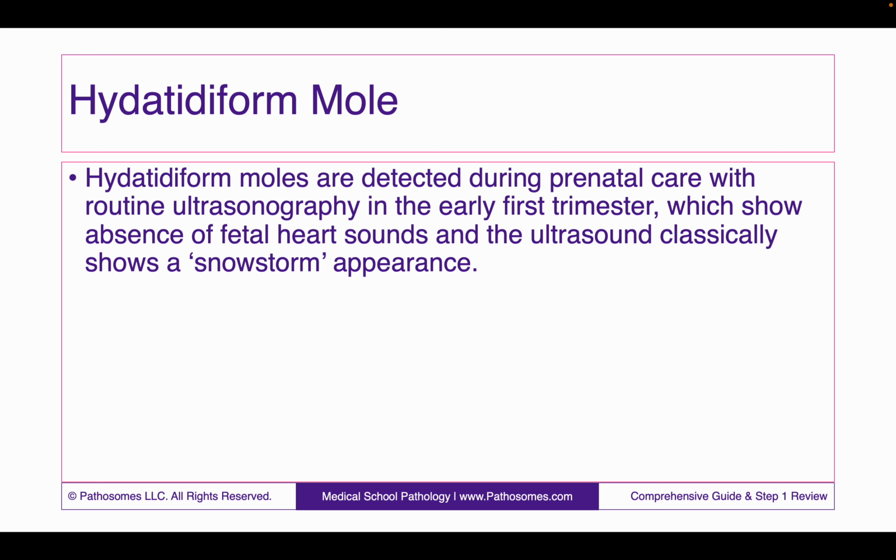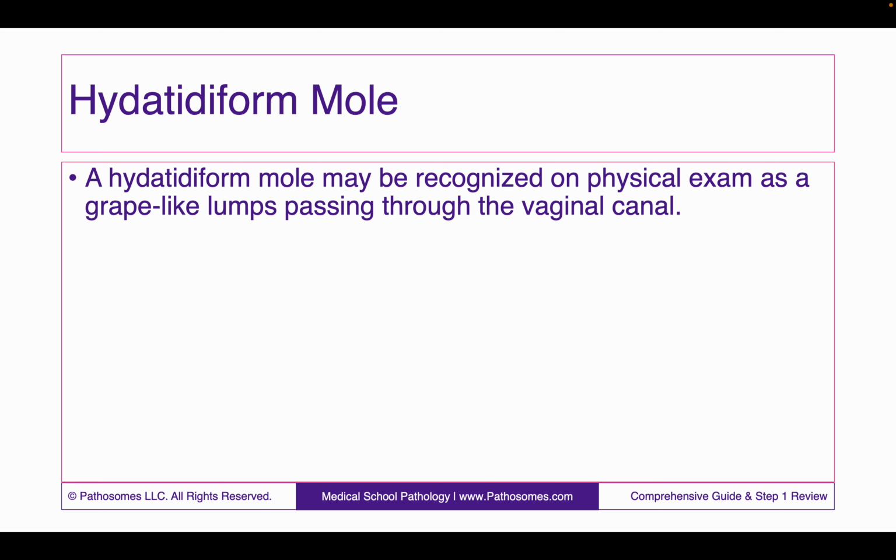Hydatidiform moles are detected during pregnancy or prenatal care with a routine ultrasound in the early first trimester, which will classically show an absence of fetal heart sounds, and an ultrasound with a snowstorm, buzzword, snowstorm appearance.